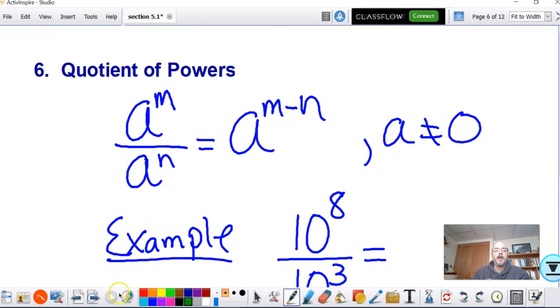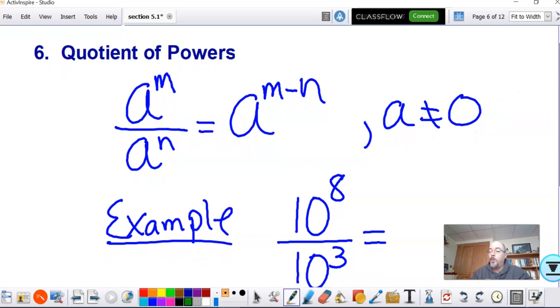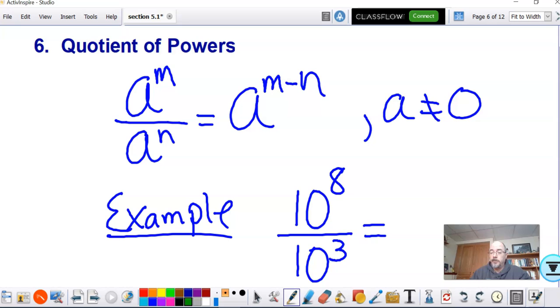All right, let's see. Number 6. Quotient. Remember, quotient is the answer to a division problem. Quotient of powers. Well, let's see what's going on here. We got base A in the numerator and denominator. We've got an exponent m and an exponent n.